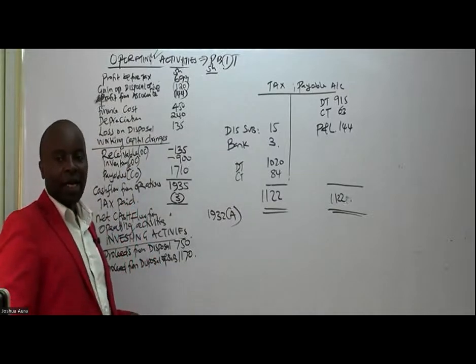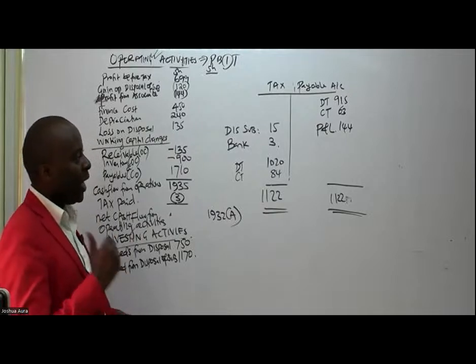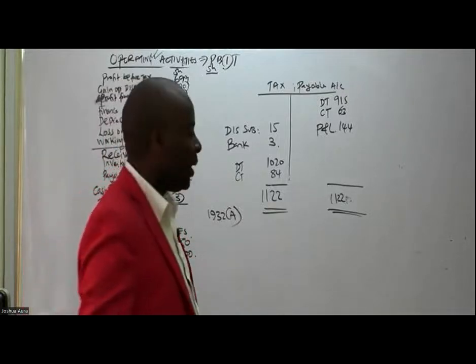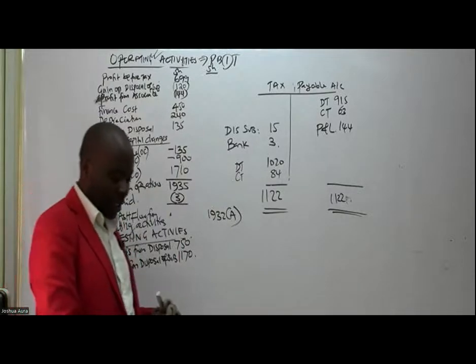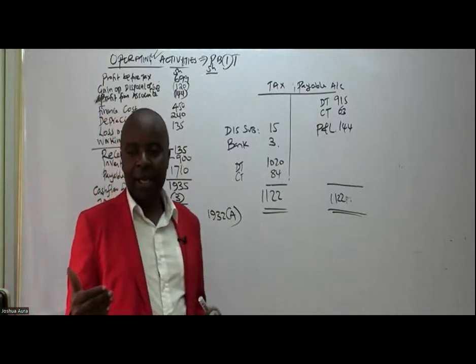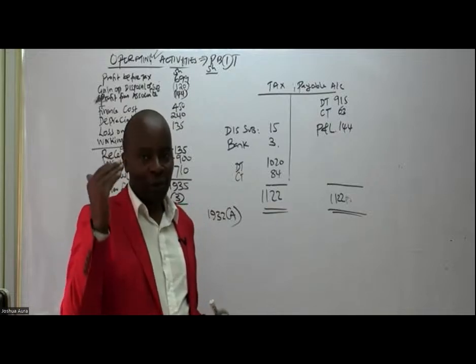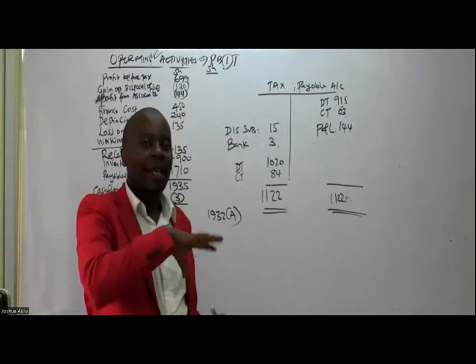Now from there, let's look at the property, plant, and equipment ledger, the PPE ledger, and then we track the movements. Because here, we are trying to look at investing. When you invest in your PPE, of course, that will be an investing activity. When you sell, you divest. It's part of what you invest.